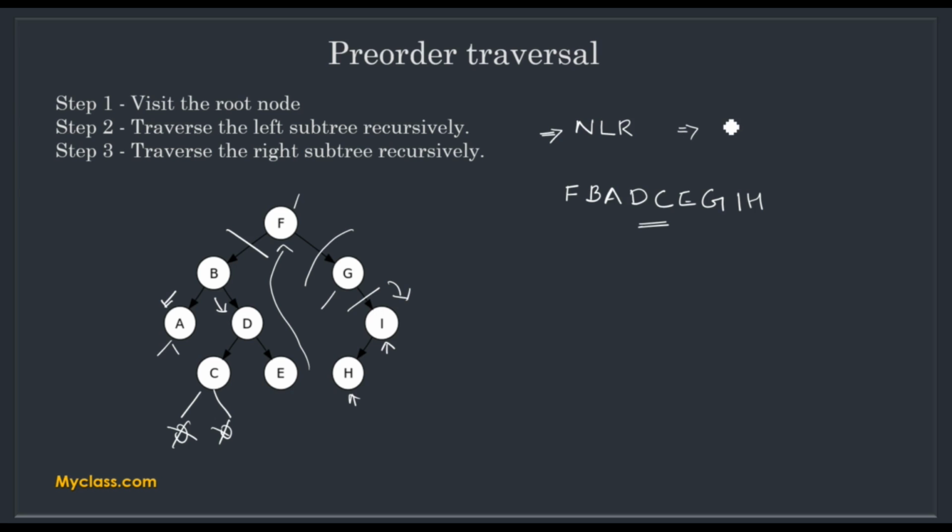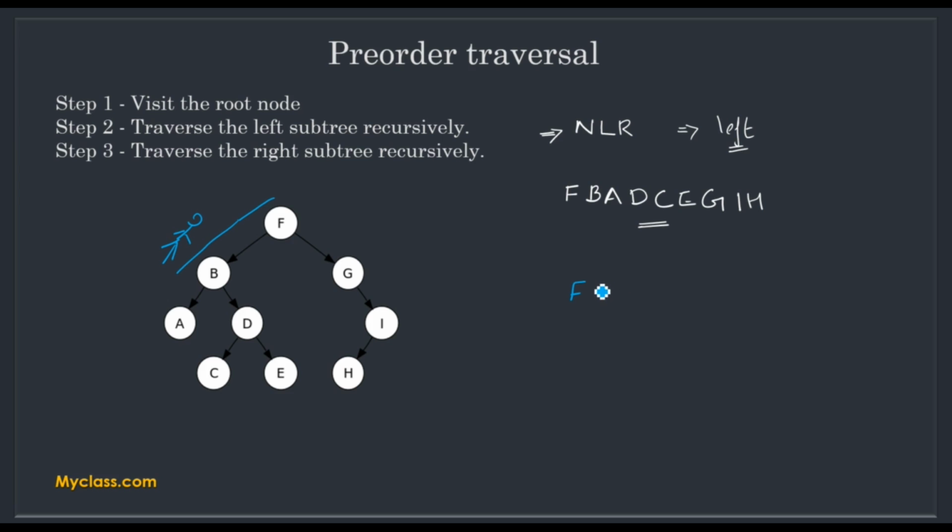So the easy trick to find the preorder traversal is left. When we are traveling like this, we are considering the node at the left side. So when we are traveling from here, F is at the first level, so F. Now B is on our left side, so B. Now A is on our left side, so A. Now A is down, B is down.